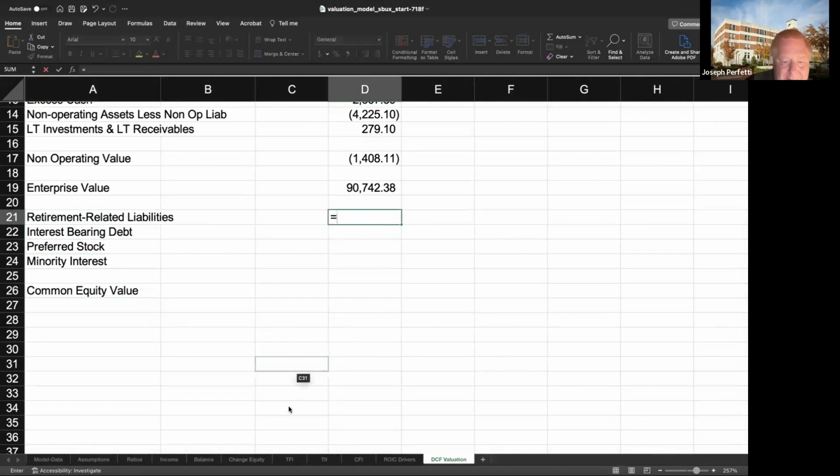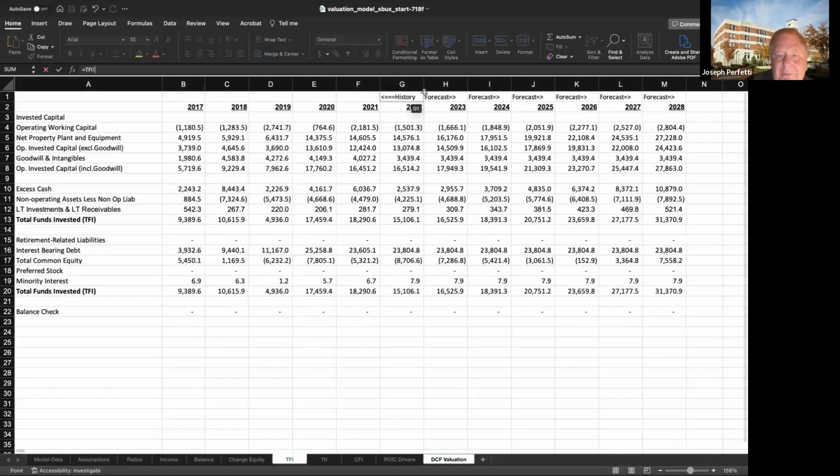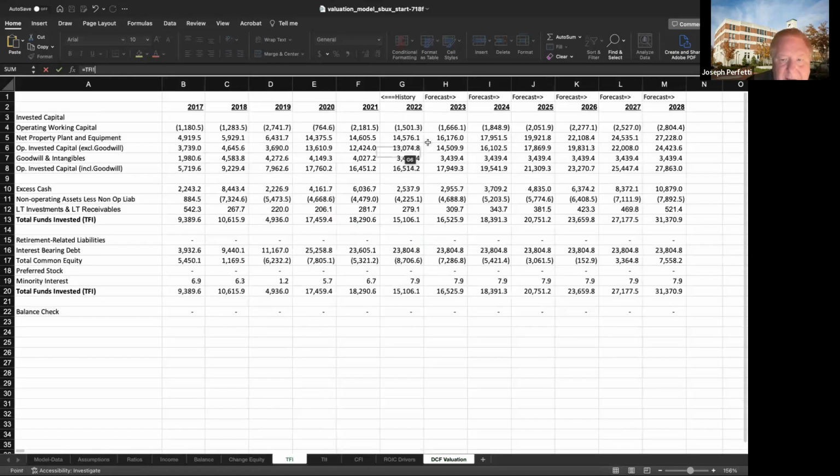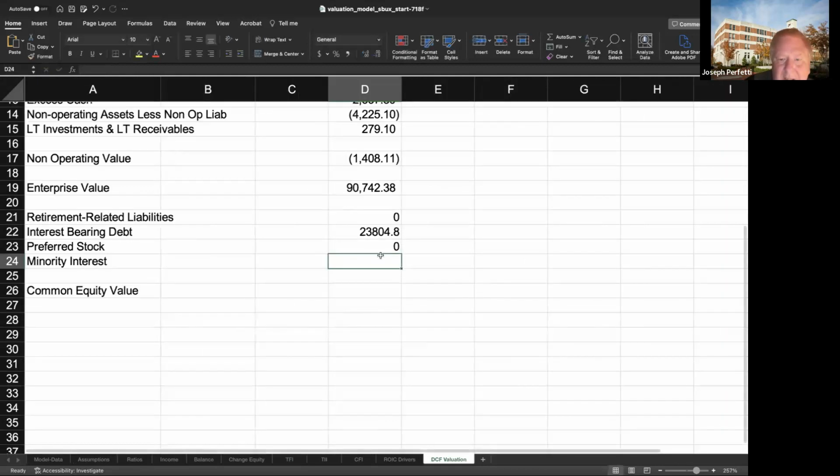Retirement-related liabilities, what we owe today, 2022, 0, that's cell G15. Interest-bearing debt is G16. Preferred shareholders from the TFI. G17 is common, so G18 is preferred, and G19 off of TFI is minority.